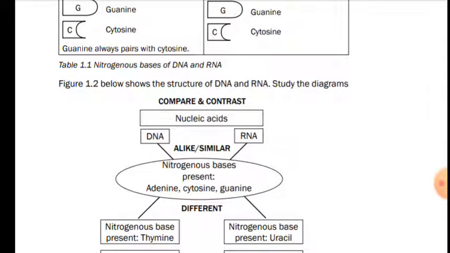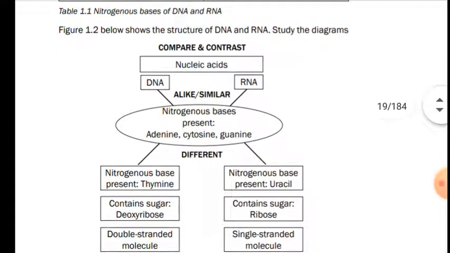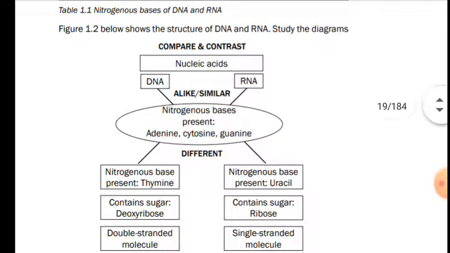They say below shows the structure of DNA and RNA. These are words to compare and contrast. So we look at DNA and RNA, and what they're comparing here is how the nitrogenous bases look alike.